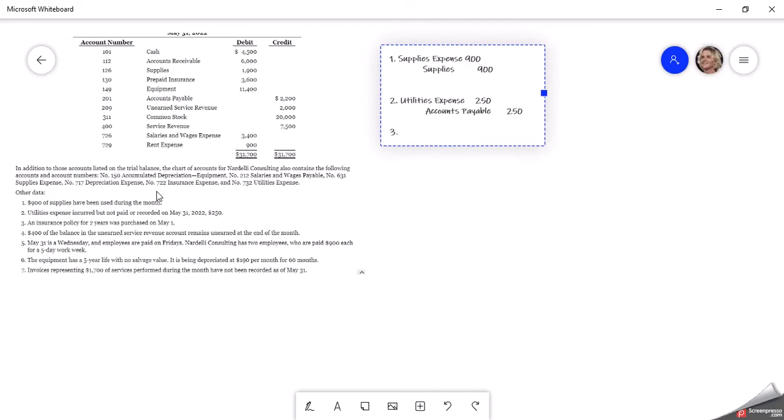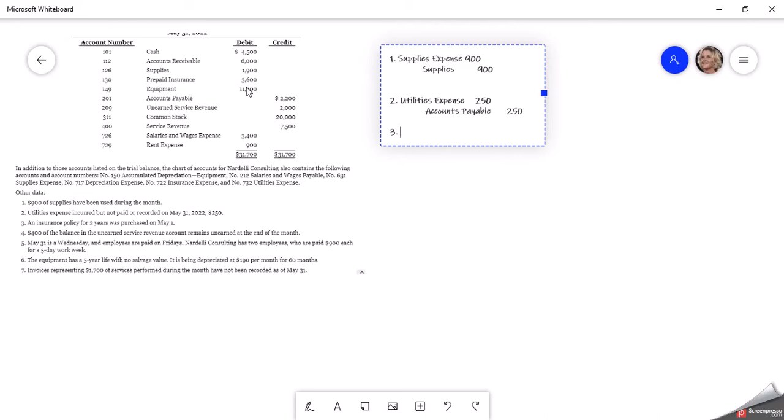And number three, an insurance policy for 2 years was purchased on May 1st. They could tell us a little bit more. Up here, in this prepaid insurance, this $3,600 was May 1st, and it was for a 2-year plan.